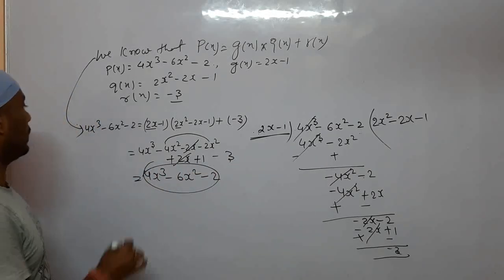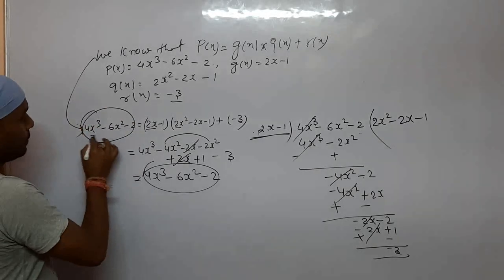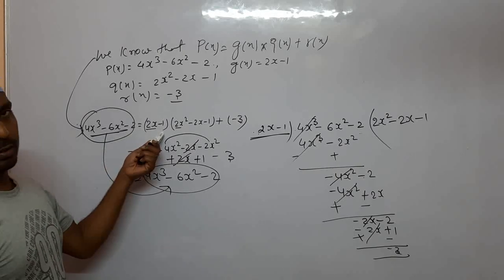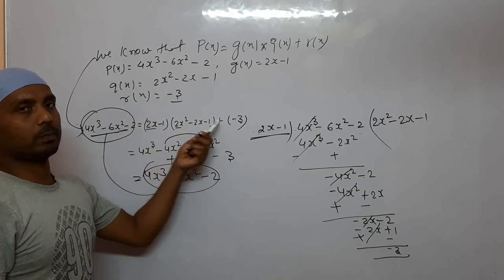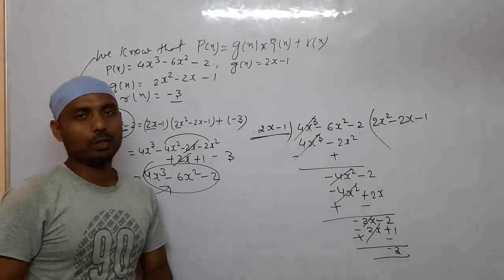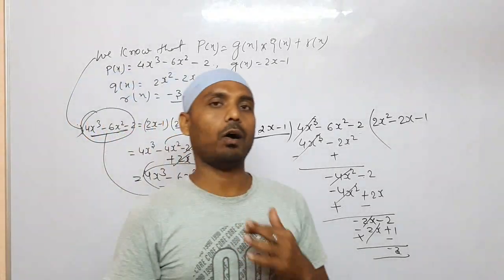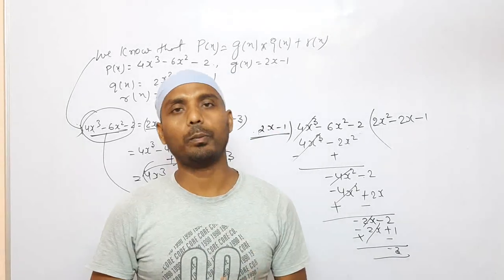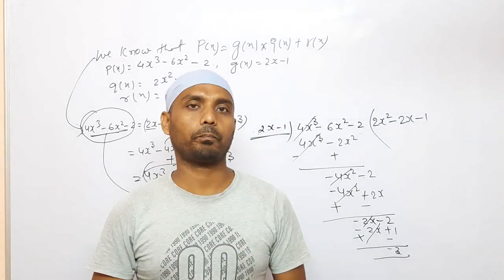This value means Px is exactly the same as Gx into Qx plus Rx. So in this way we can do the verification of our division by the polynomial division algorithm.